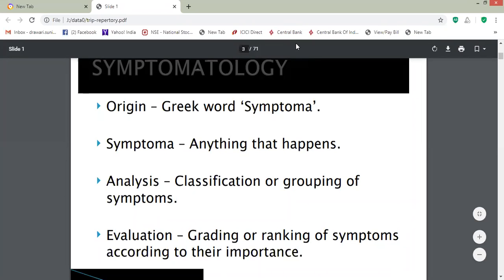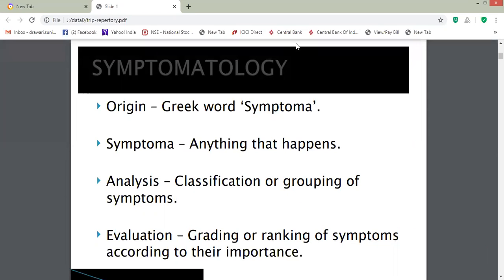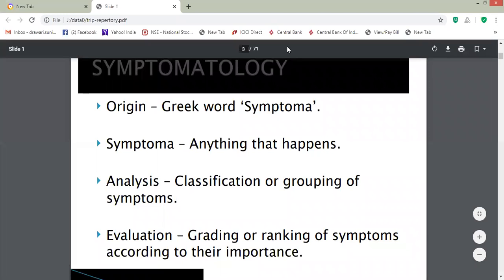For all this process to find out the simillimum, the first step is case taking, which is given from aphorism number 83 to aphorism number 104. Then the second step after case taking is analysis. Analysis of symptoms means classification or grouping of symptoms.